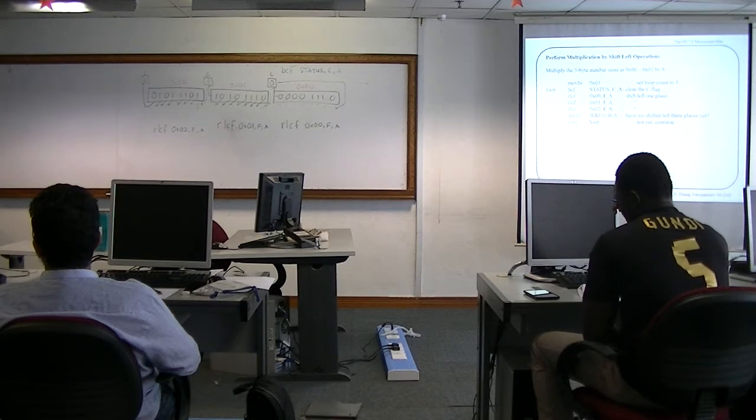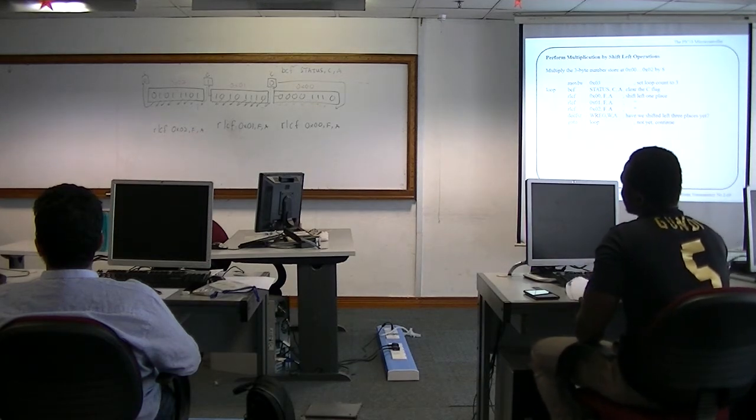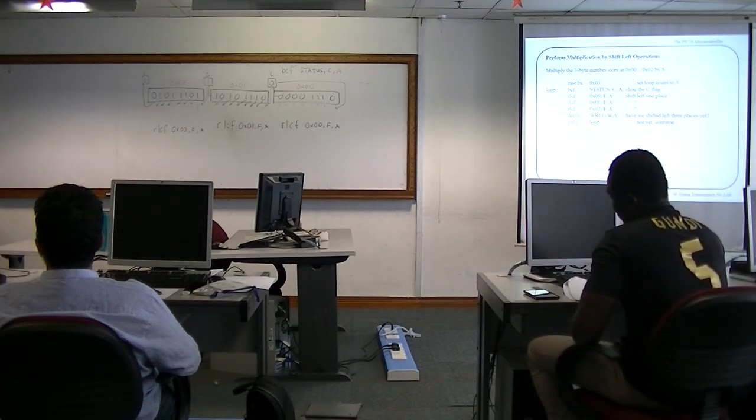For more than a single byte, you must make sure that the carry is always clear for either case, whether you're performing division or multiplication, because whatever is inside carry is what will enter into the least significant bit or into the most significant bit. And the instruction, rotate left or rotate right, depends on how many bytes you have. In this case we have 3 bytes, so you perform rotate left, rotate left, rotate left.